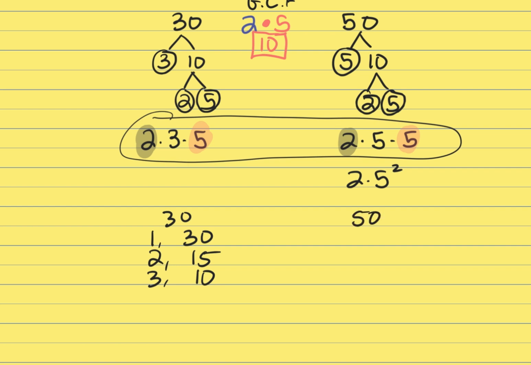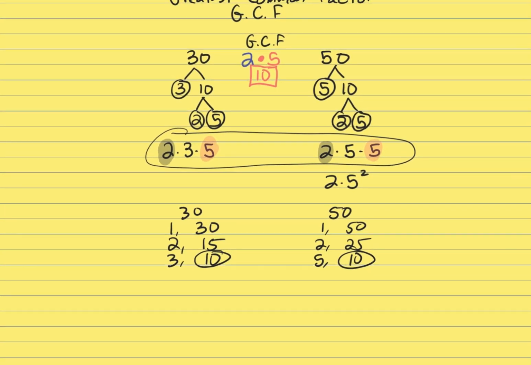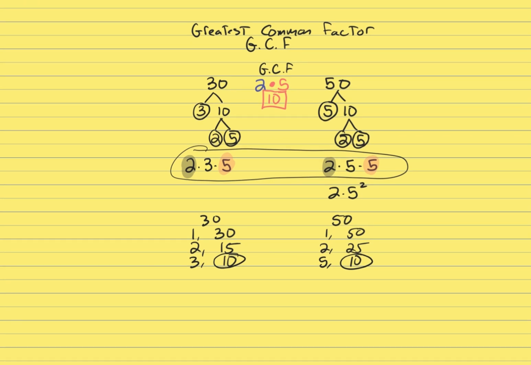You could also do that for 50. 1 and 50, 2 and 25, 5 and 10. What's the biggest one that they have in common? 10. So there's different ways to do this. We're going to kind of concentrate on using the factor tree and prime factorization to do these. So let's look at another example.